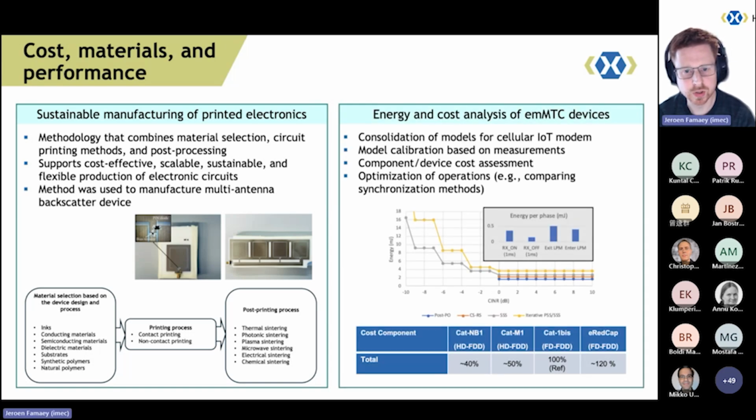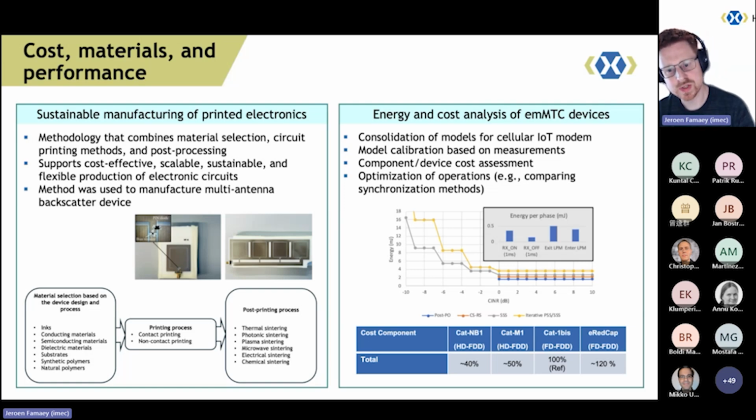We also developed models to assess the energy consumption and costs of the enhanced massive machine type communication devices, consolidating different cellular IoT modem models, calibrating them with real measurements, and also looking at the component and device costs of different technologies.